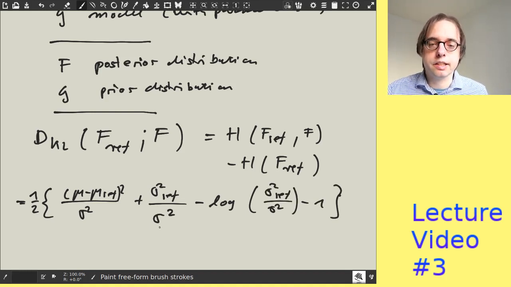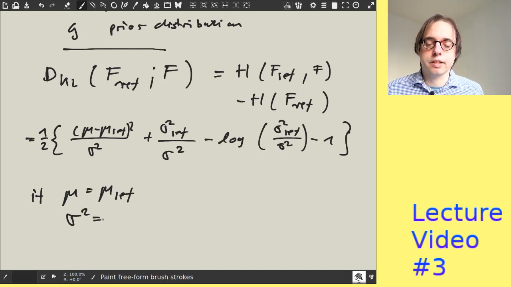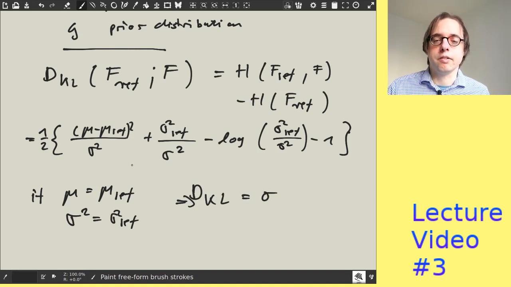And you can easily see now if mu equals mu ref, then this becomes 0. And if sigma squared equals sigma squared ref, this becomes 1, cancels out with this one, and this is also 1, and log 1 is 0. So then the DKL is 0, of course. You can see this directly, and otherwise it's positive.